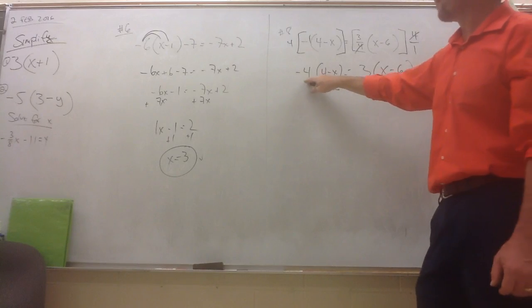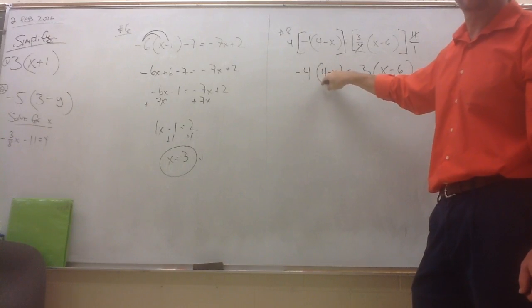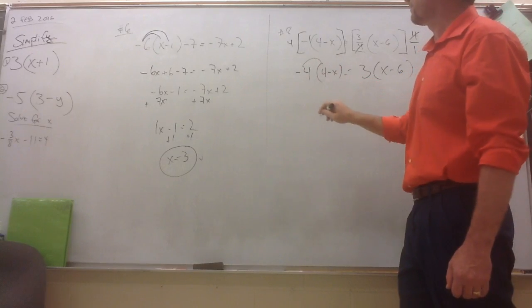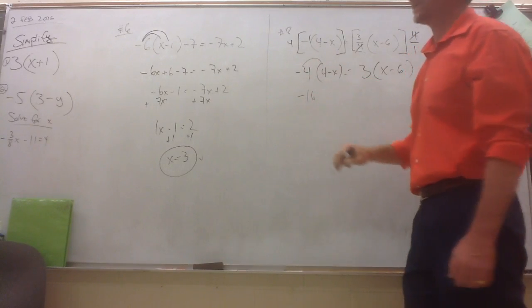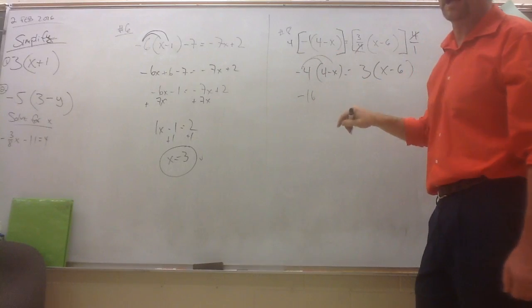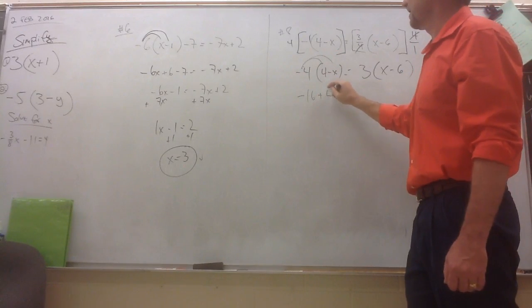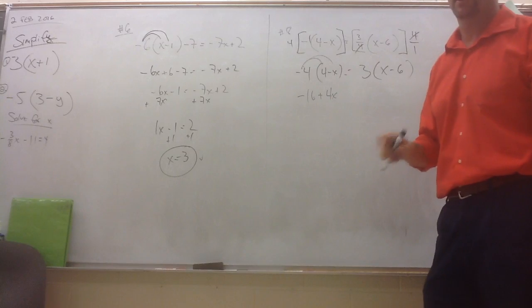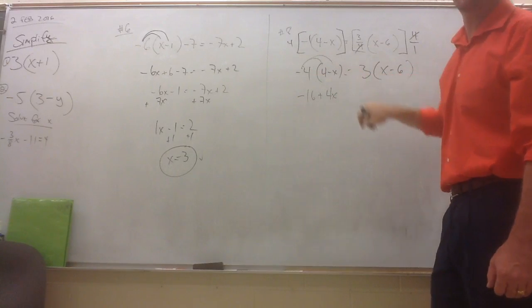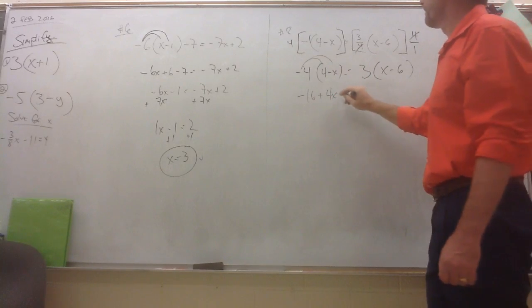Using your distributive property now, everything inside the parentheses gets multiplied by the term outside. Negative 4 times 4 is negative 16. Negative 4 times negative 1x gives you a positive 4x. Watch those signs. Negative 4 times negative 1, positive 4.